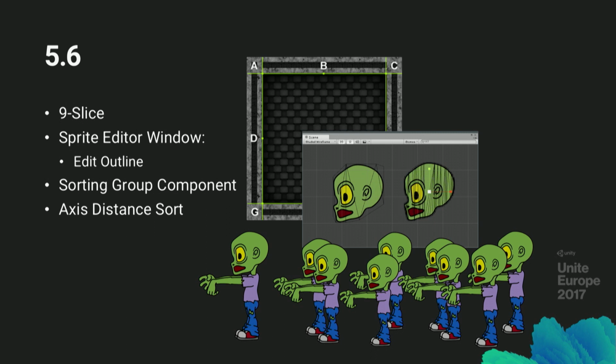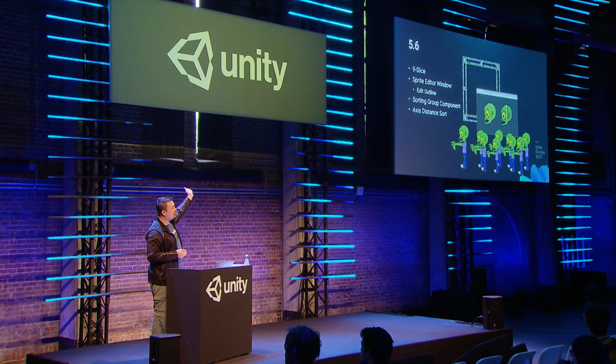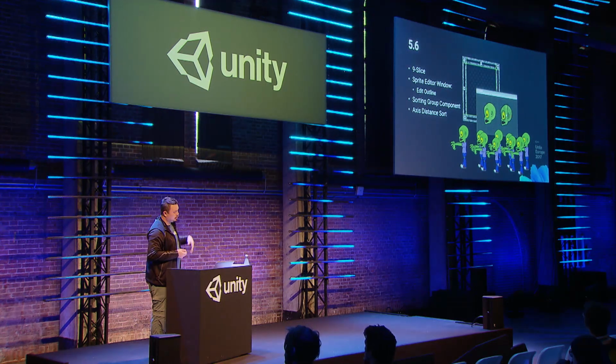Another kind of sorting that we added was the axis distance sort. So here we've got even more of those creatures. And what we're looking at here is the rendering order, right? The renderers in Unity are typically sorted by things like order in layer or distance from camera. Now, a common use case in 2D games is you want the renderers that are above to be rendering behind the renderers that are below.